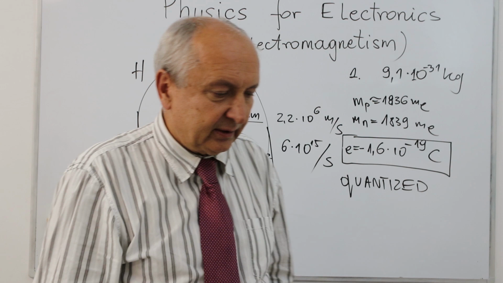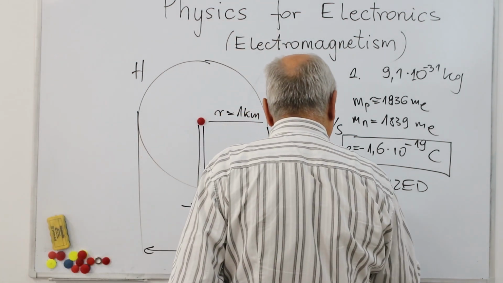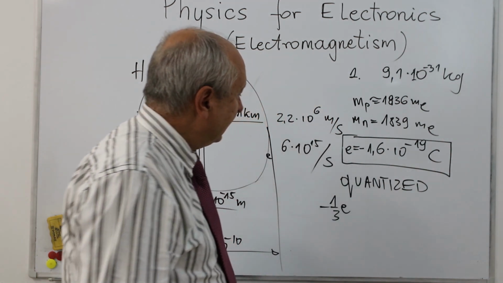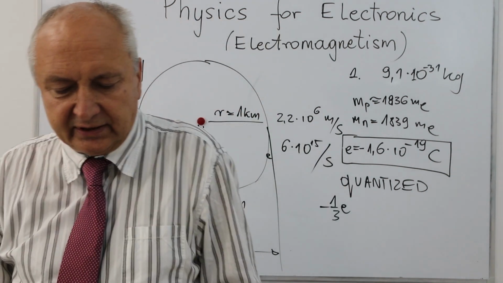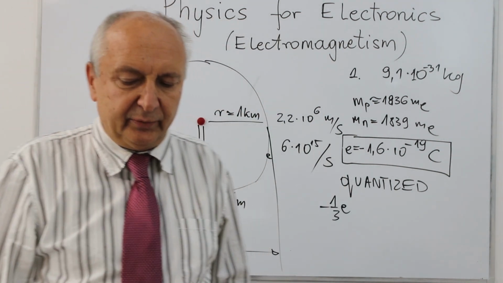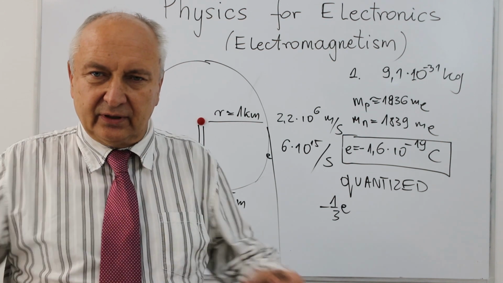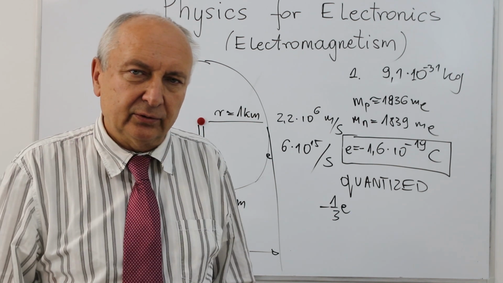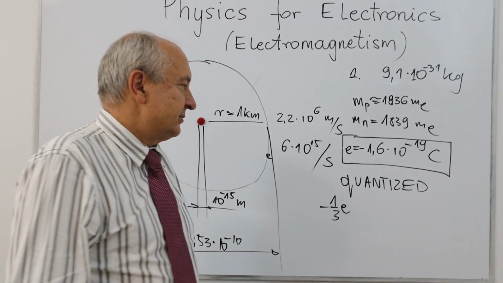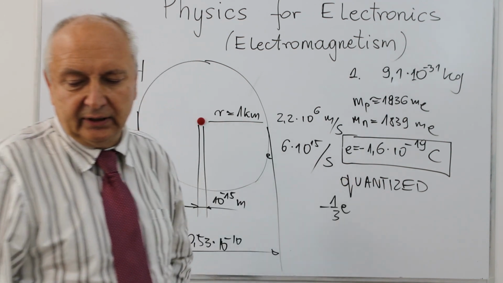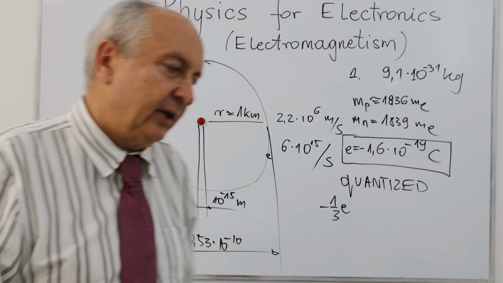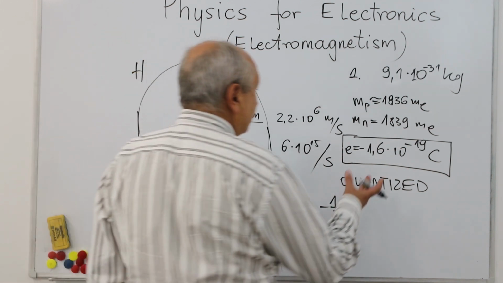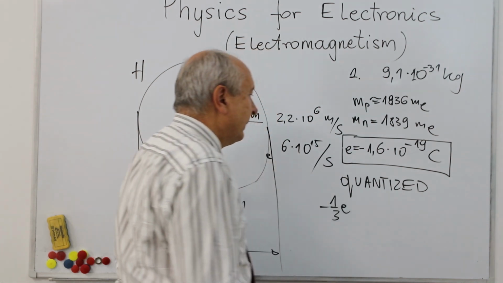Somebody can say that a quark, for example, has 1/3 of the charge of the electron, but free-standing quarks have never been observed, because quarks at once glue together, creating proton and neutron. So free-standing quarks can't exist. So the only stable minimal portion of charge is the charge of one electron.